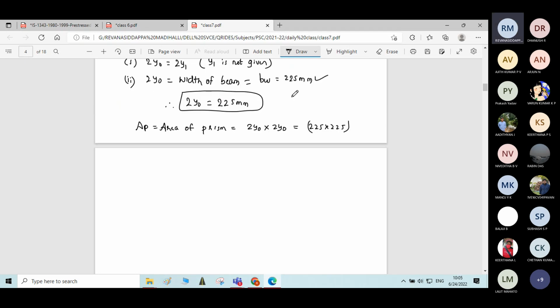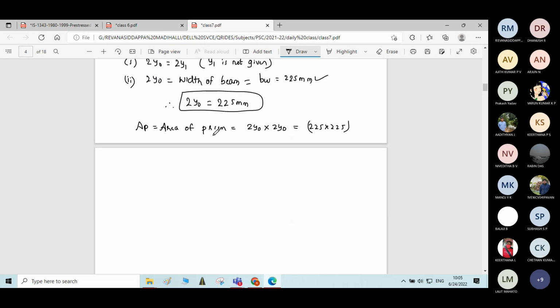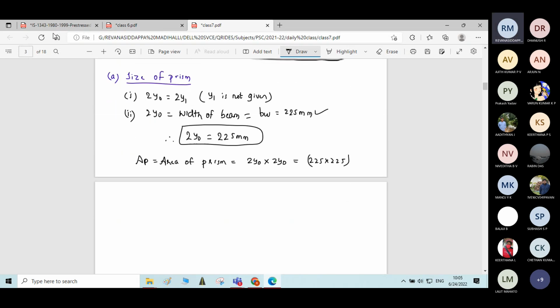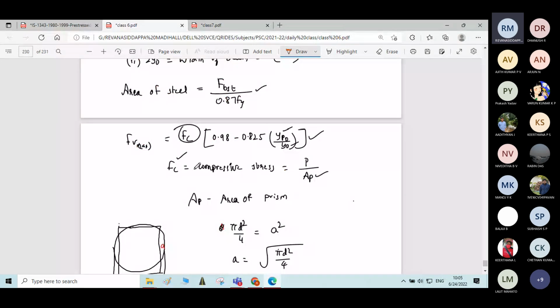If you know the pre-stressing force and the AP value, then you can easily calculate the compressive stress FC. FC is equal to P by AP.